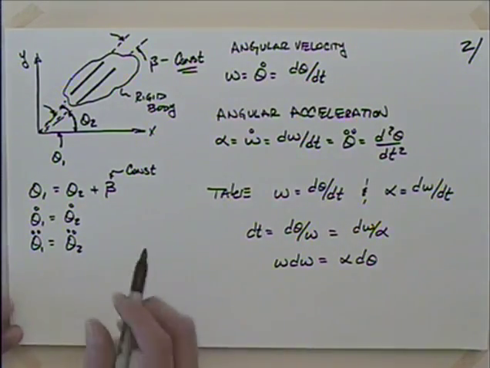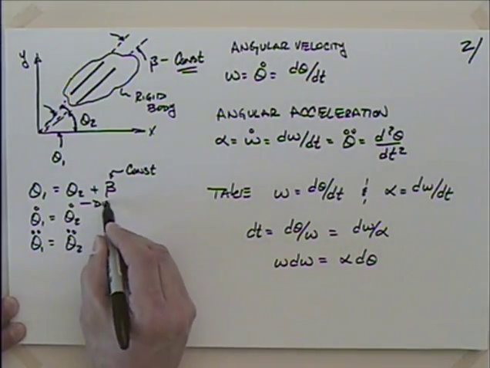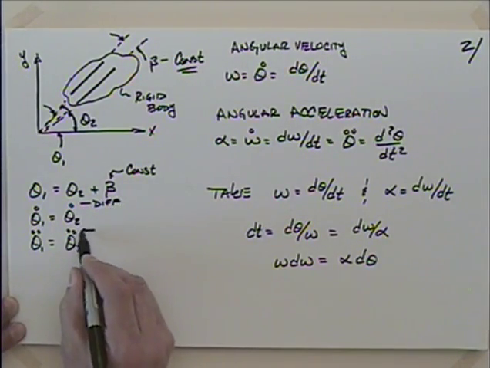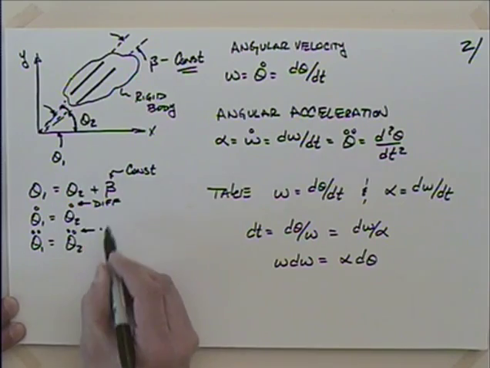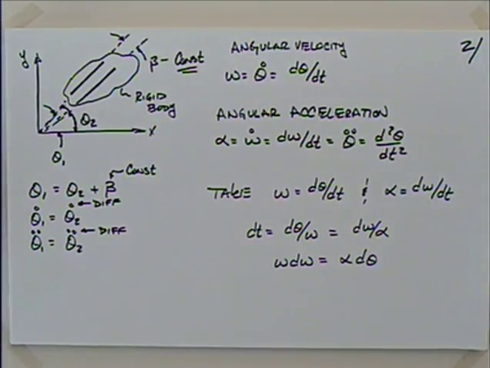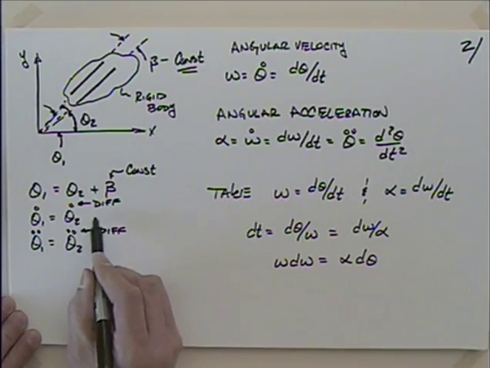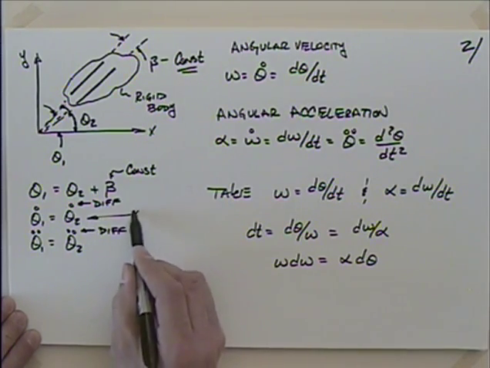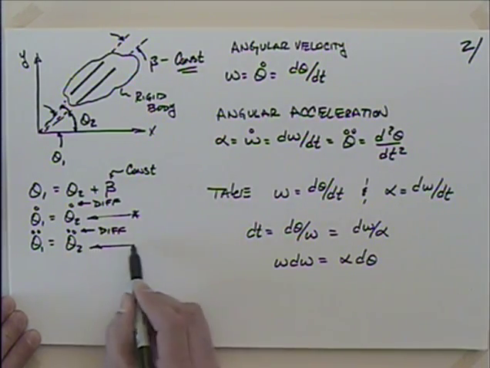So what I've done here is differentiate, and here again I've differentiated, and I could say that theta double dot 1 is equal to theta double dot 2. And this has important implications. I'll come back to this in a little bit, but this is important.